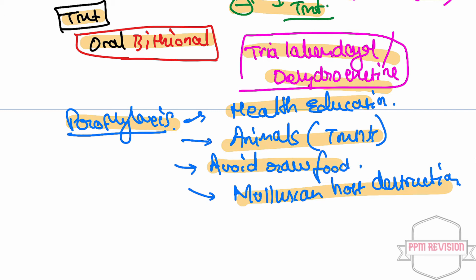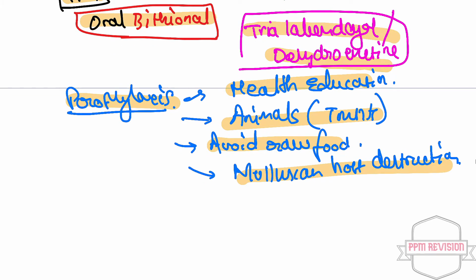Now moving on to the next topic, we are done with Fasciola hepatica. We'll be moving on to the other famous worm, known as Ancylostoma duodenale.